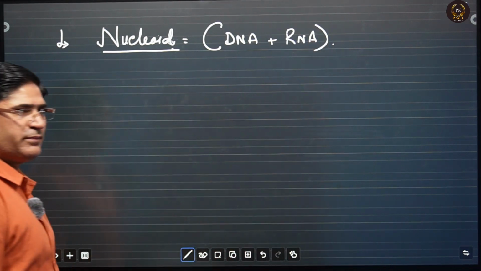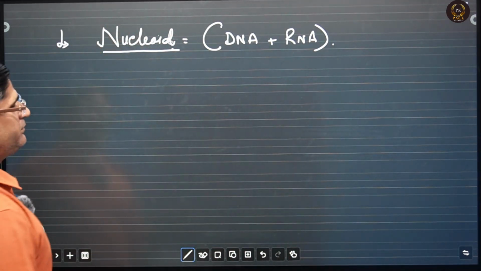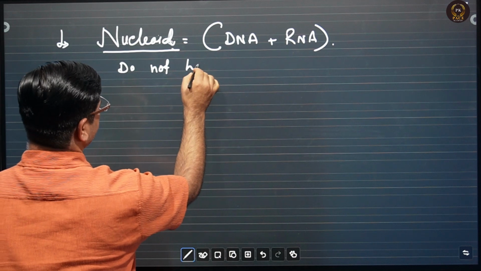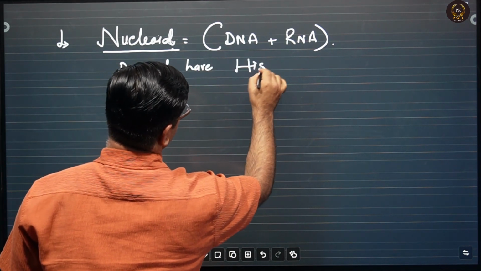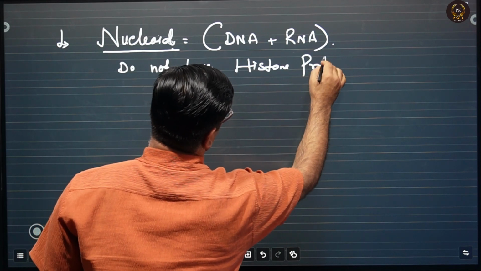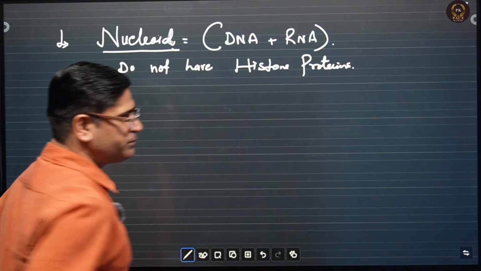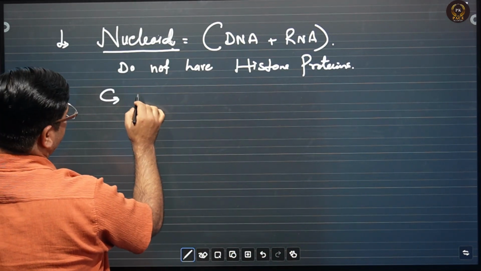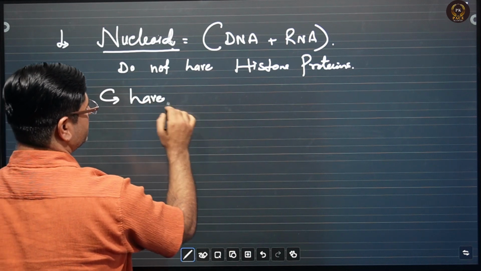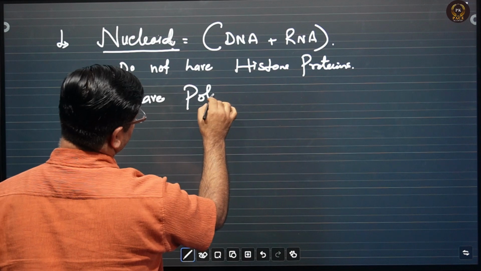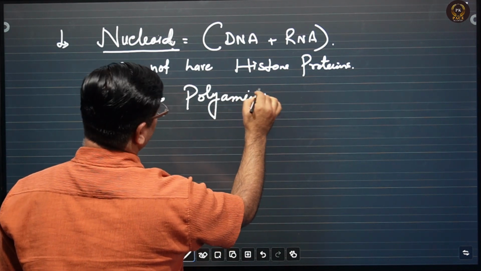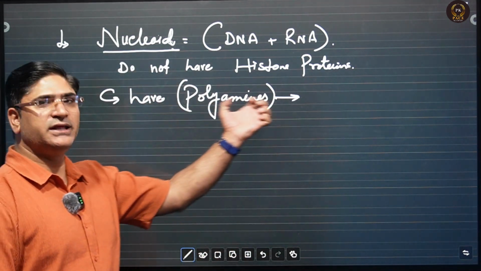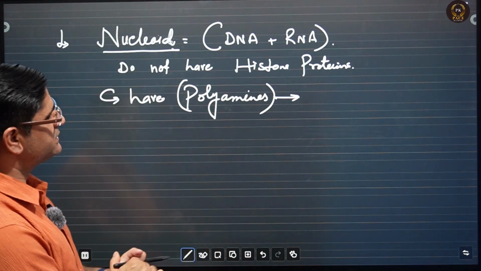Remember, bacterial cells do not have histone proteins. Histone proteins are absent in prokaryote cells, but instead they have special proteins called polyamines, which help in the condensation of the genetic material in the central location. That is the thing to remember.